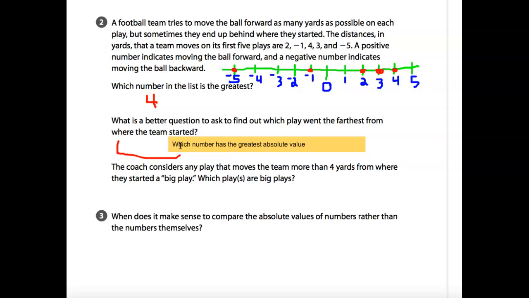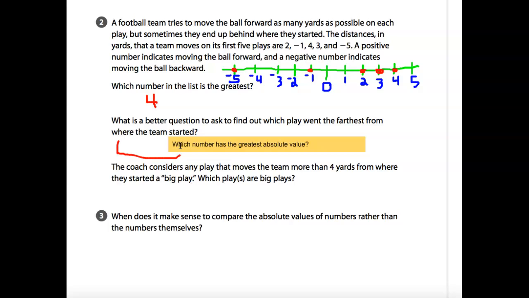If they're trying to find which play went the farthest from where the team started at 0, then -5 would be the answer there, because that absolute value is distance. So this was 5 steps from 0.